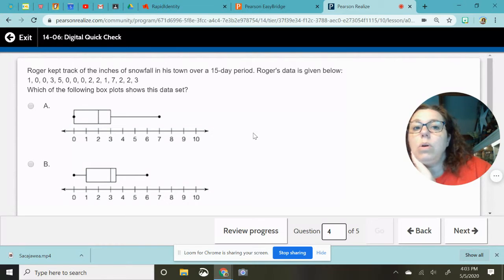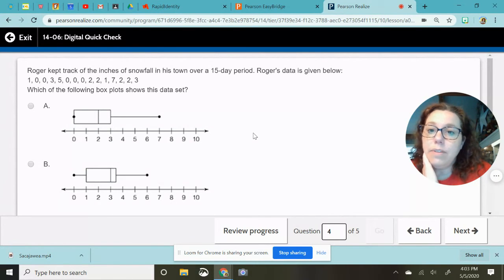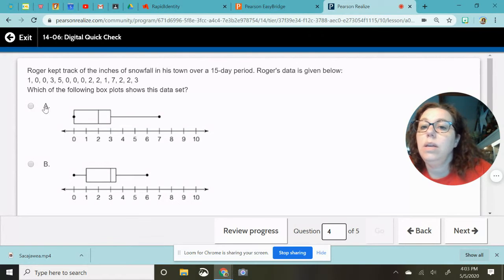Okay. So I'm going to use some process of elimination. You could definitely go ahead and start lining up your numbers in counting order for this. But I'm going to show you a process of elimination that would probably work. So I'm looking at my data set, and I can see my lowest value is 0, and my highest value is 7.